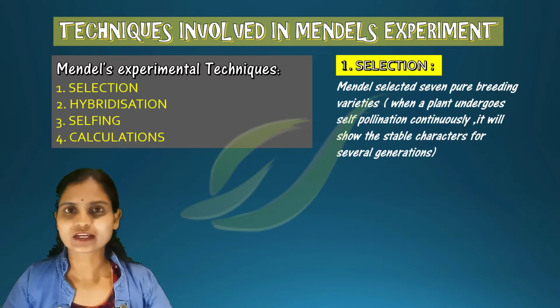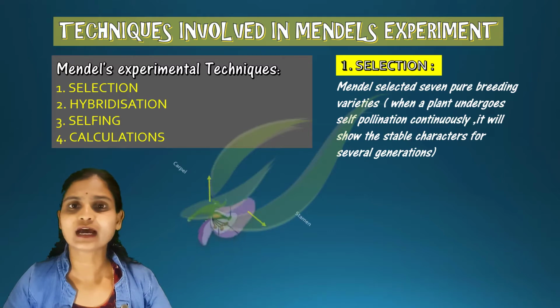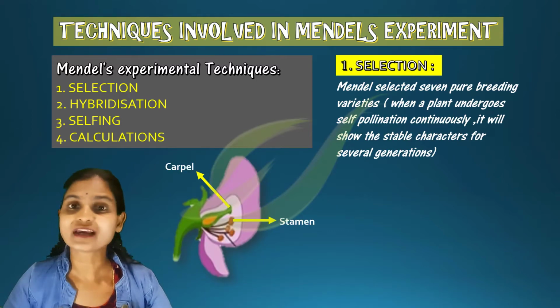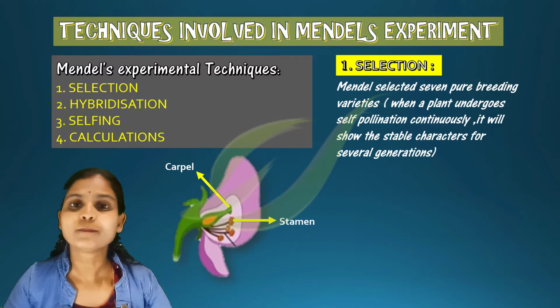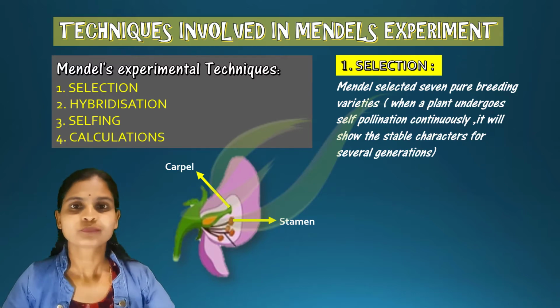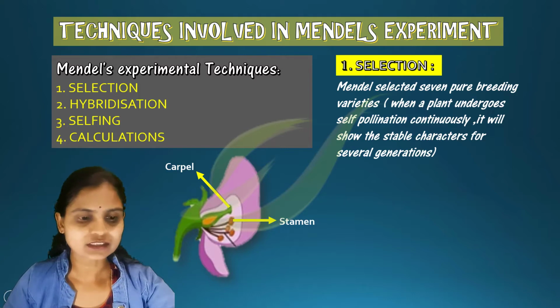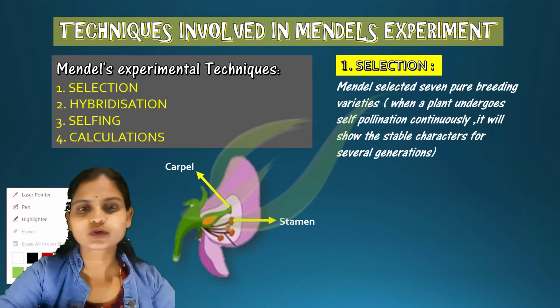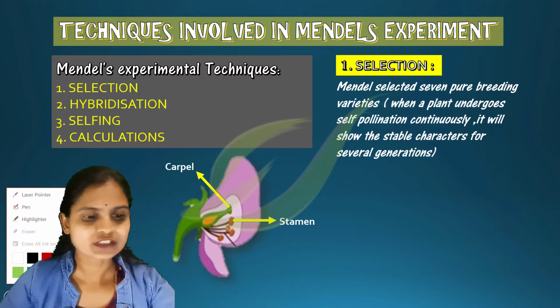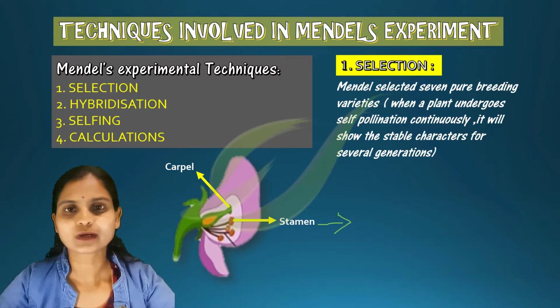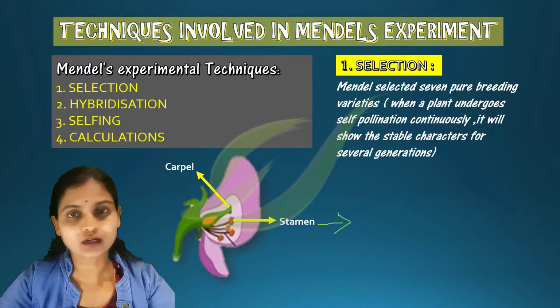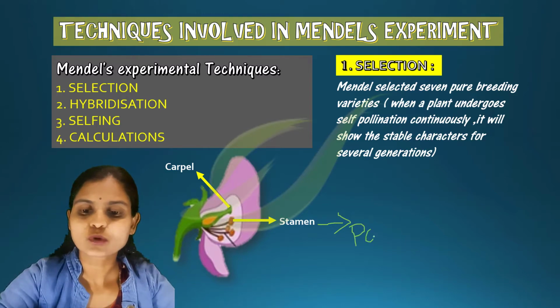Coming to the selection, as we know very well, the pea plant is bisexual. Bisexual means both male and female reproductive organs are present. Here we can see the flower which contains stamens. Stamens are the male reproductive organ, which produces pollen grains.